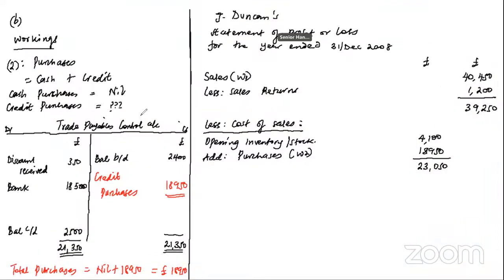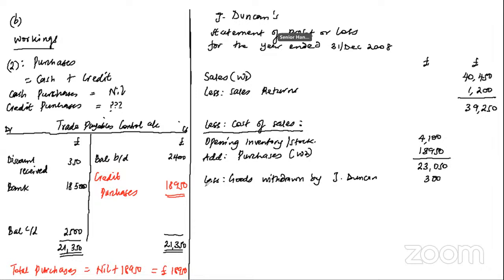So I'll come here and say less goods withdrawn by J. Duncan, and that is how much? That is 300.